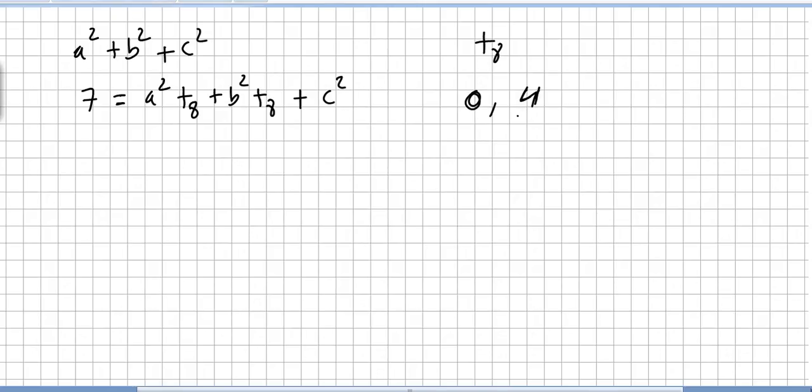And the square of the odd integers will be 1. So for square numbers modulo 8, you only have 0, 4 and 1.